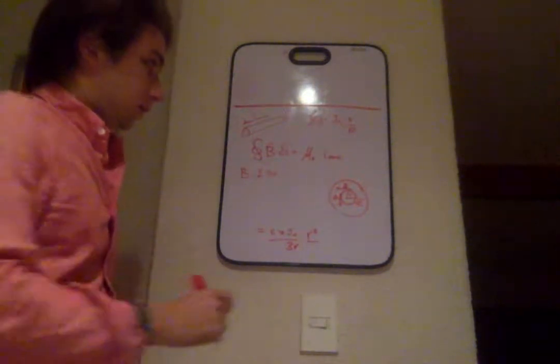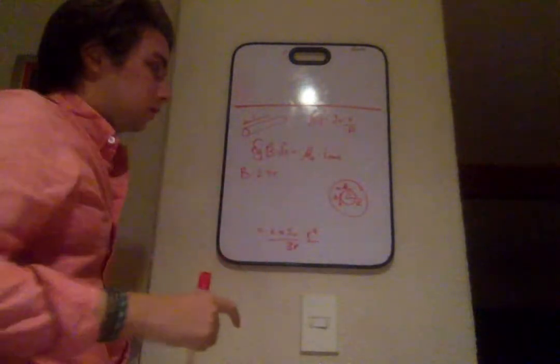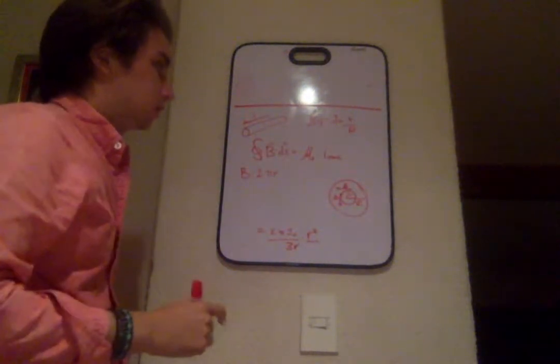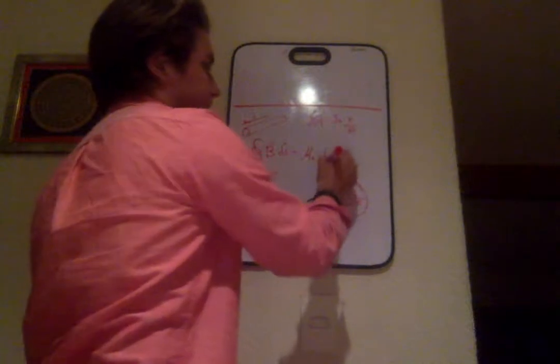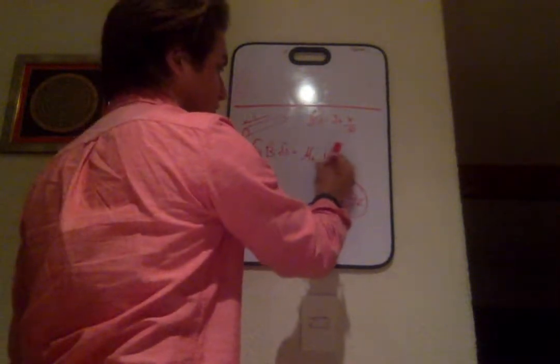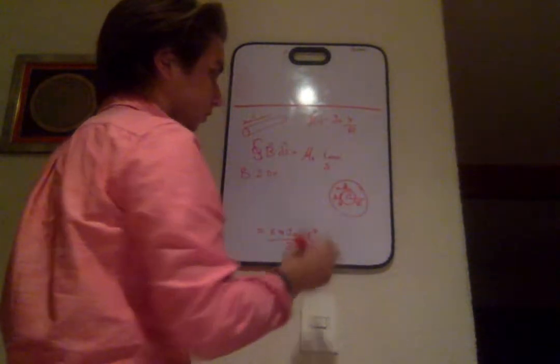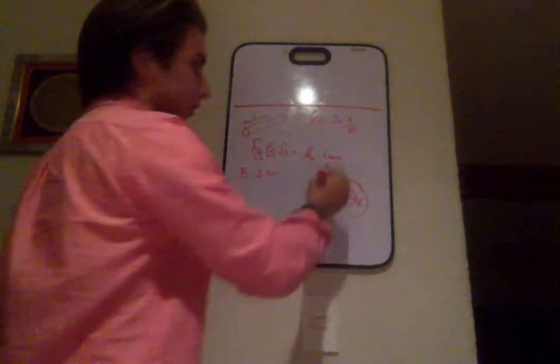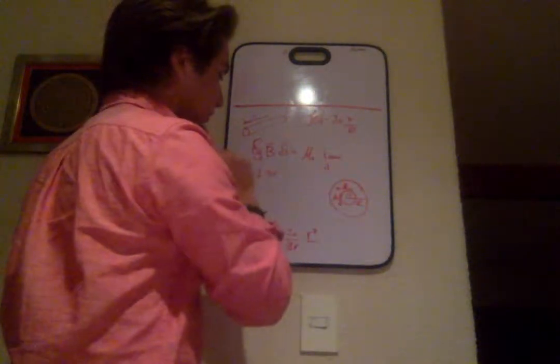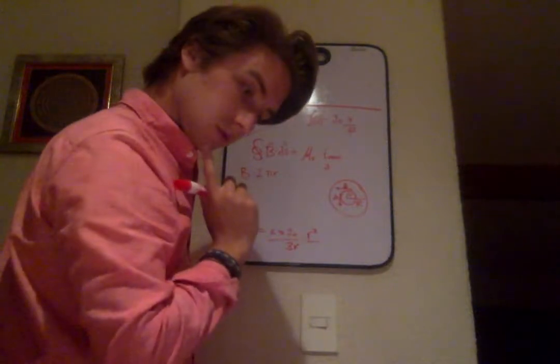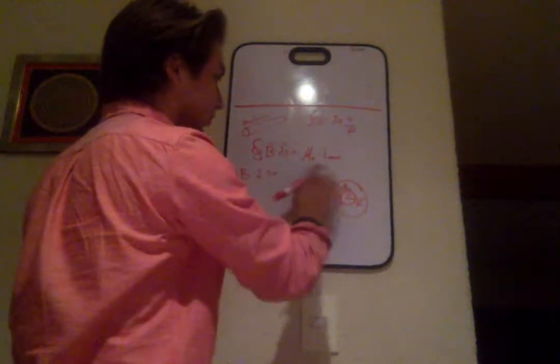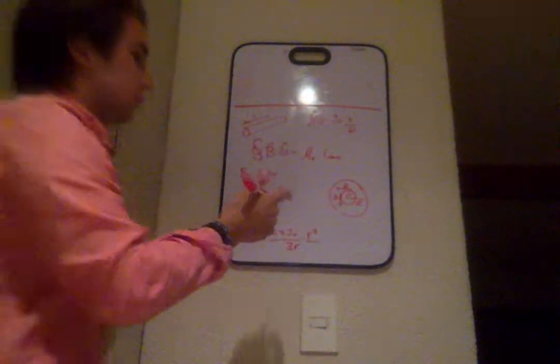and we know that the enclosed current is just j times the integral that we already solved, it was just j, like the j that we solved.